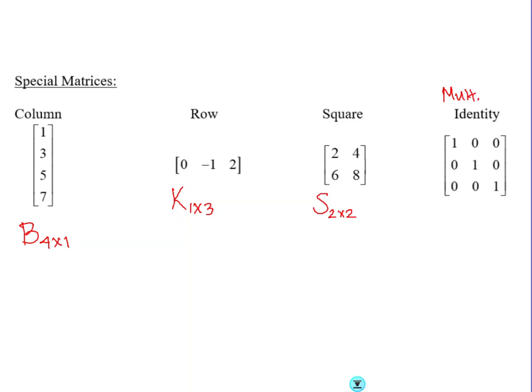The identity matrix is generally represented by the letter I. Since this is a 3 by 3 matrix, we could call this I, and then the subscript 3 by 3, or we could just call this I3, because it is the identity matrix for a 3 by 3. Identity matrices are always square matrices, and they have 1s down the diagonal, and everything else has a 0.